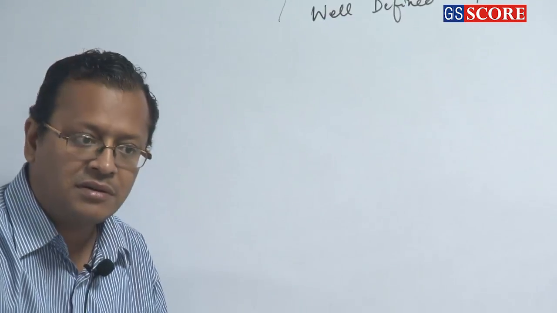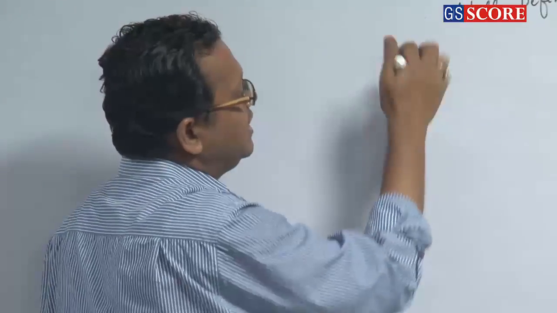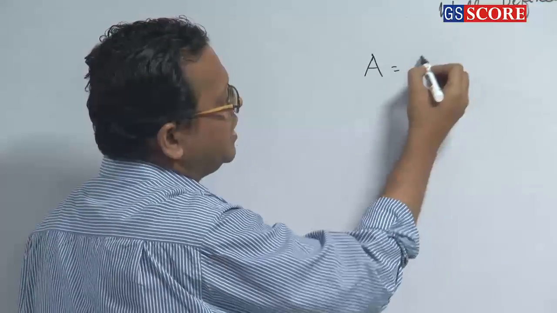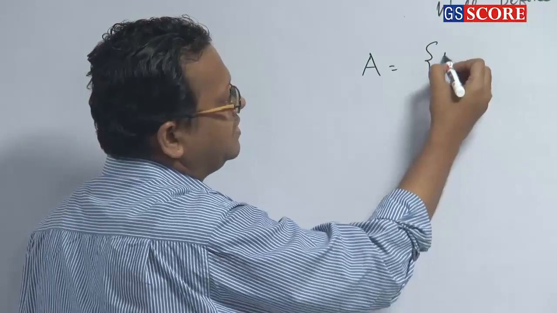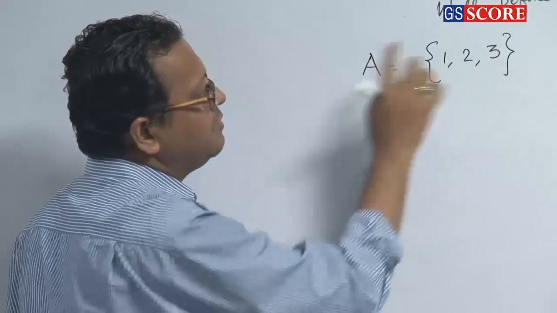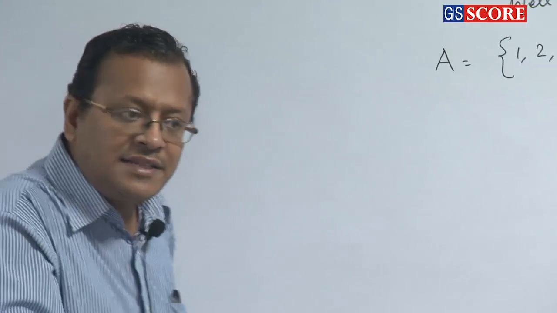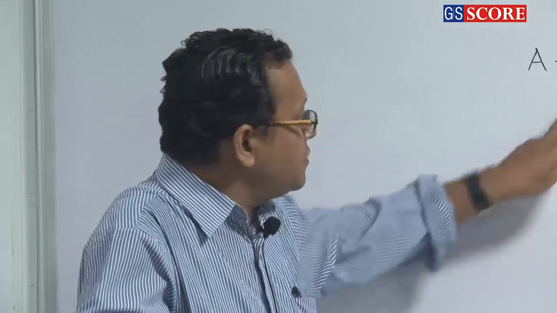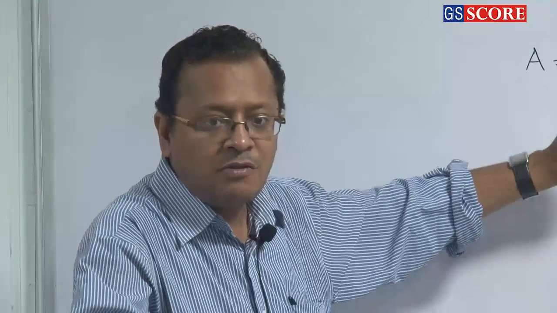Clear or not? Right? So if I say a collection of objects, say A is a set, we denote the set by this. A is a set of 3 natural numbers. The property which is well defined is natural numbers.